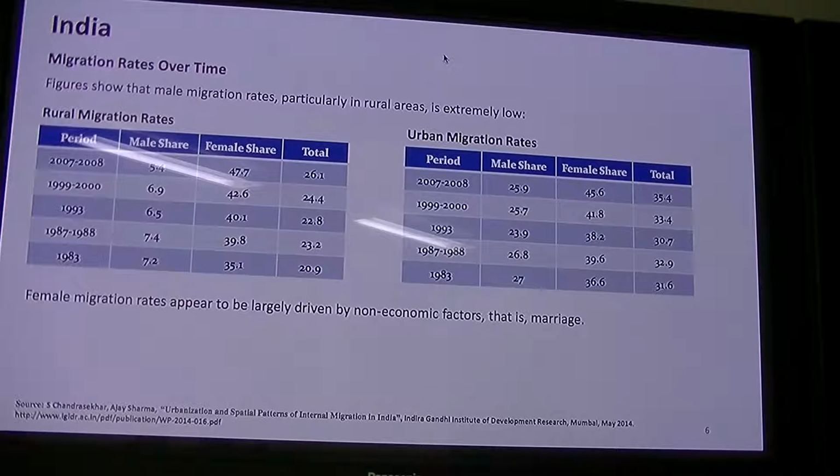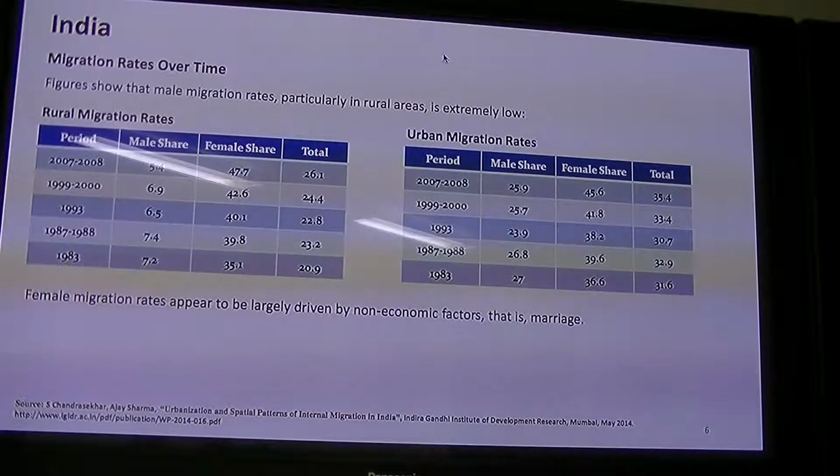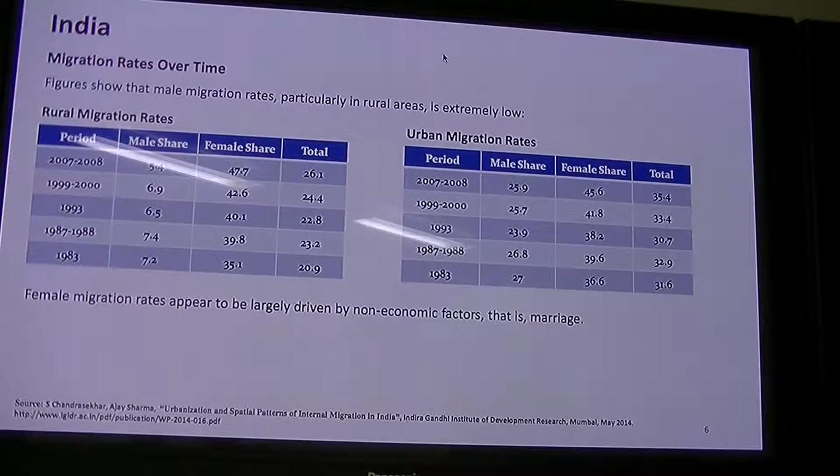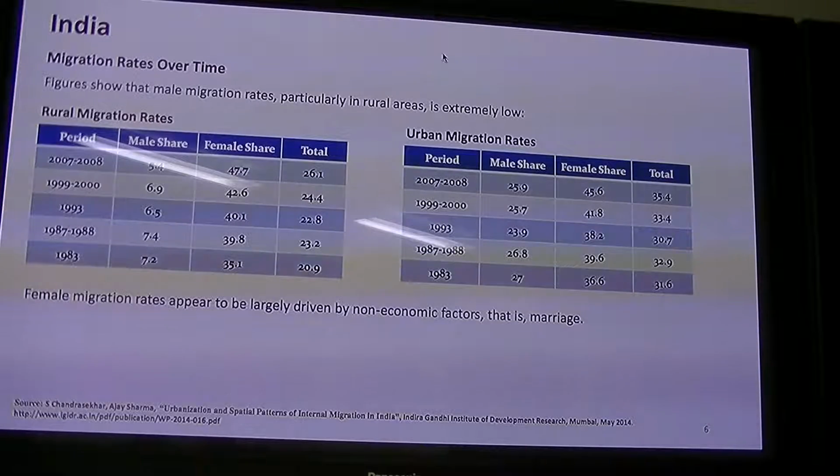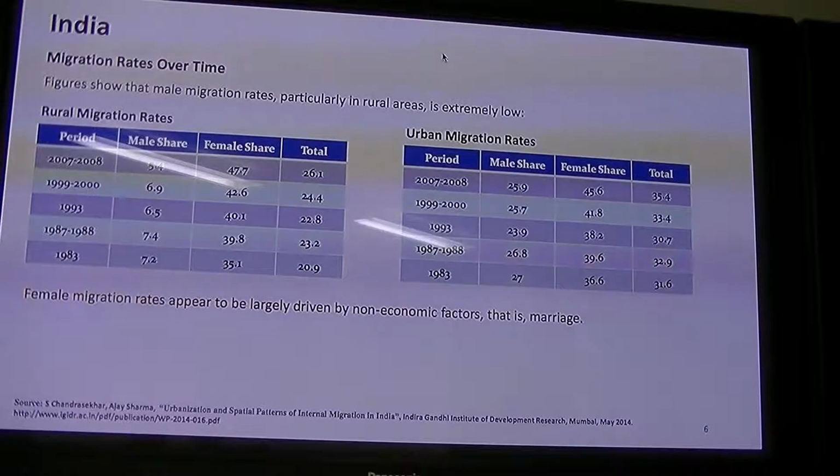The family that the daughter is married into pays a dowry to the family with the daughter. In effect, they're selling their daughter to that family. So this is the large percentage of the female migration movement.